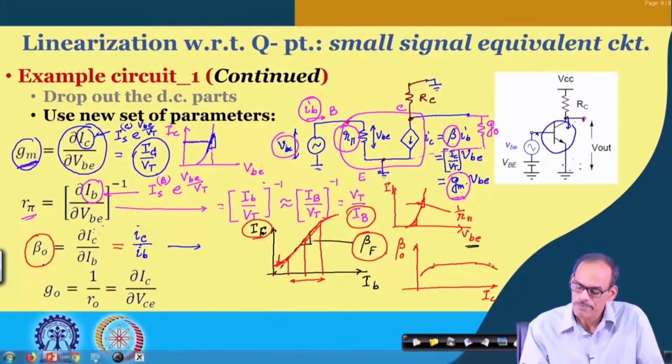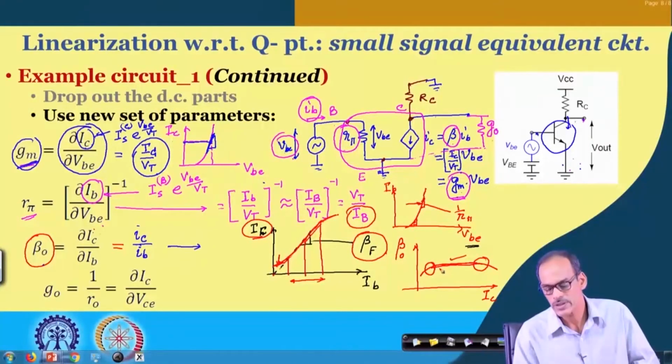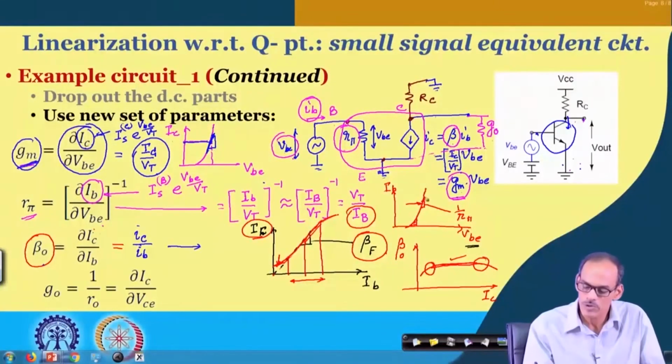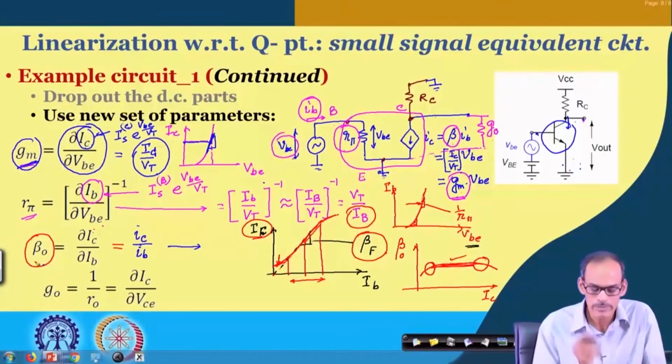This is the violation of low level injection, and this is where the recombination current also starts becoming prominent. Somewhere in this range, low level injection is valid, as well as the recombination in the base region can be ignored, and hence both of these curves have the same kind of relationship, and hence the beta remains constant. So, that is about the beta.